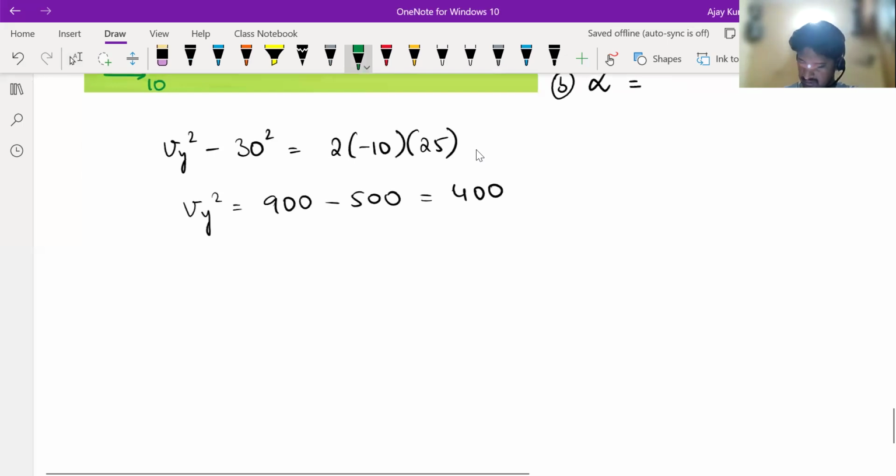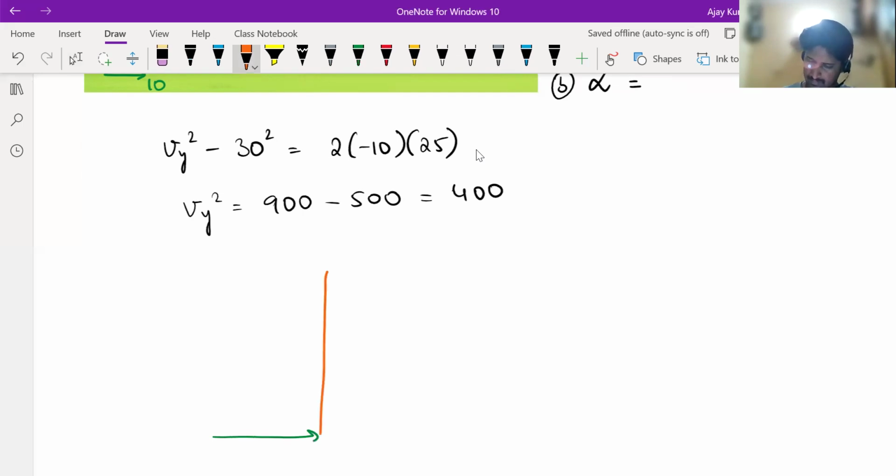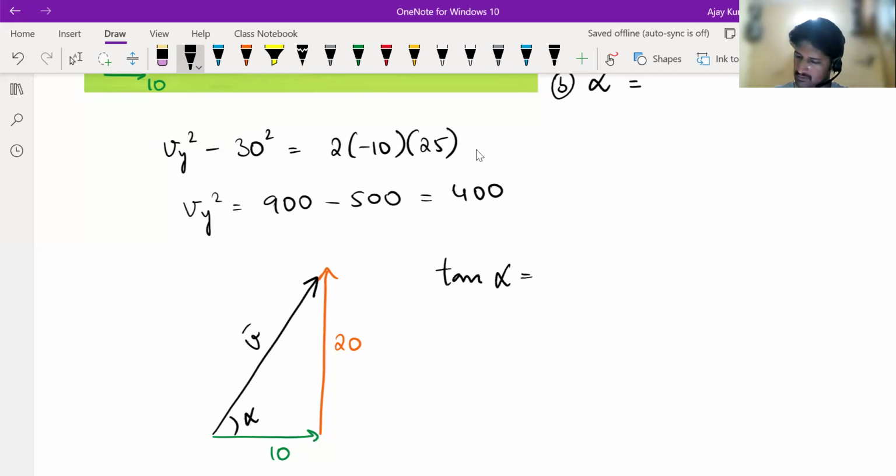X component is 10, y component is 20. The velocity will be directed this way. And if you want to know what angle it makes, simple trigonometry, tan alpha is opposite by adjacent, which becomes 2. So alpha is tan inverse of 2.